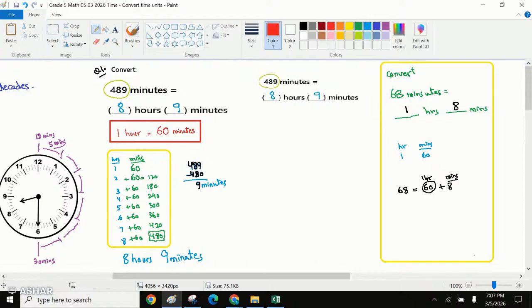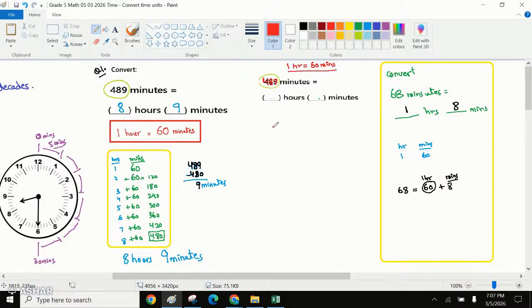See, the question was 489 minutes to be converted into hours and minutes, right? The easiest way is, we know that 1 hour would always have 60 minutes, right?